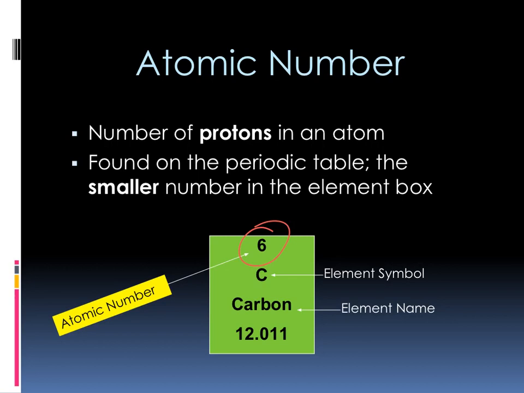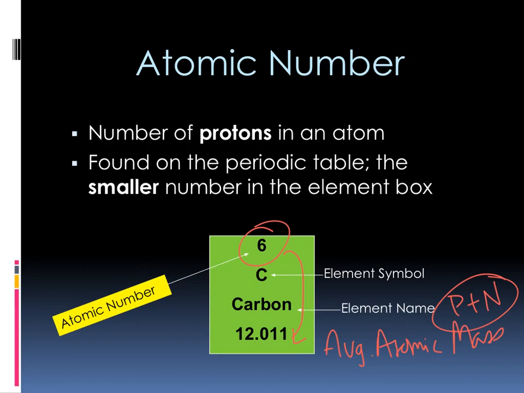Well, that means that the average atomic mass, and you'll see it on the next slide, always is going to be higher than the atomic number. That makes sense because average atomic mass is protons plus neutrons plus something else, which I'll talk about in a minute.